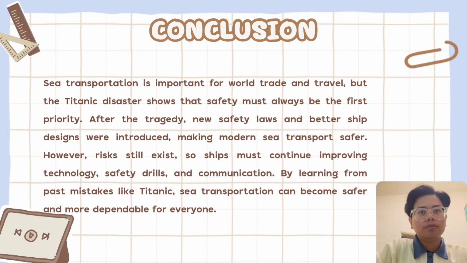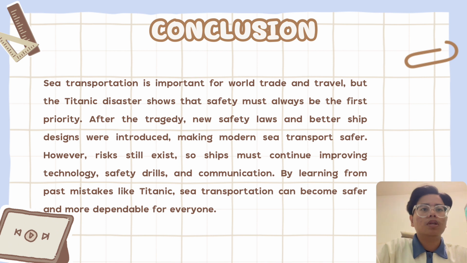In conclusion, sea transportation is important for world trade and travel, but the Titanic disaster shows that safety must always be the first priority. After the tragedy, new safety laws and better ship designs were introduced, making modern sea transport safer.